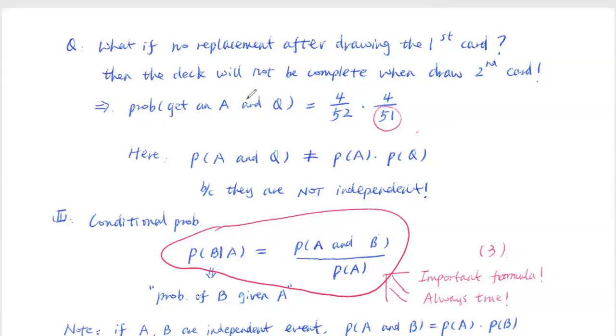We are drawing two cards. The first one, you draw one card from a regular deck. You want to get a queen. What's the probability to get a queen? Let's do that step by step. The first one is you have 4 queens out of a total regular deck of 52 cards.